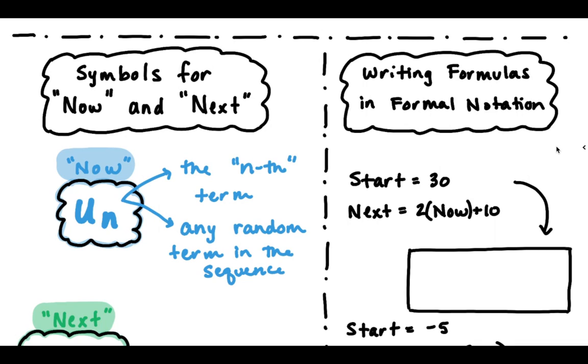So this can serve as a placeholder for saying wherever you're at in the sequence, whatever your now term is. So that's why we use it for the now term. Okay, u sub n.